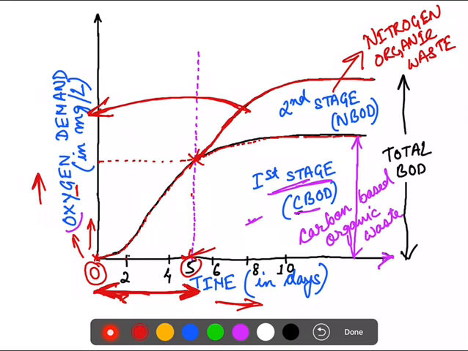I'll draw it. You see, from here this graph can also go like this. See the black dotted lines.